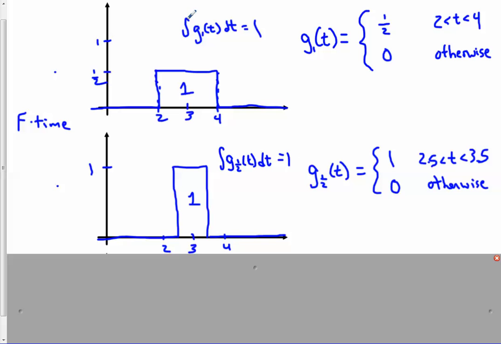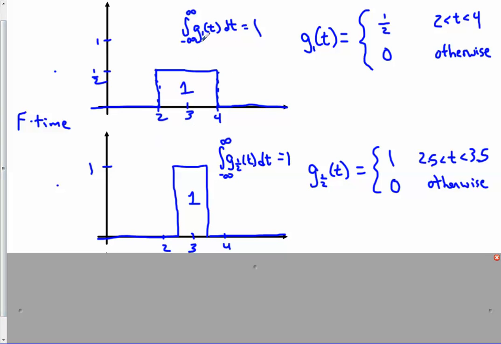I didn't put limits, but it doesn't matter. I can just go from minus infinity to infinity because it's 0 most of the time anyway. For this function, minus infinity to infinity really means 2 to 4, and for this one it means 2.5 to 3.5, because the rest isn't contributing. So these are two functions with the same impulse of 1.